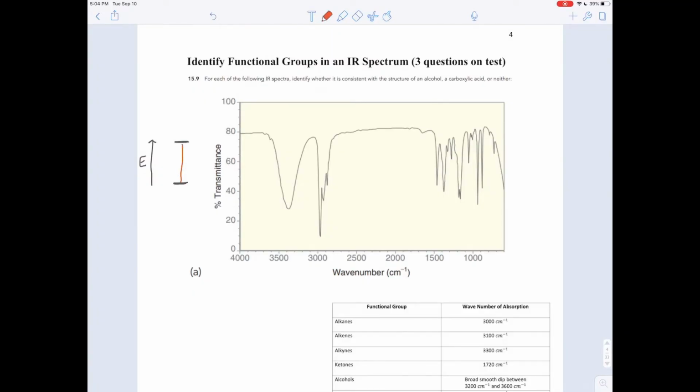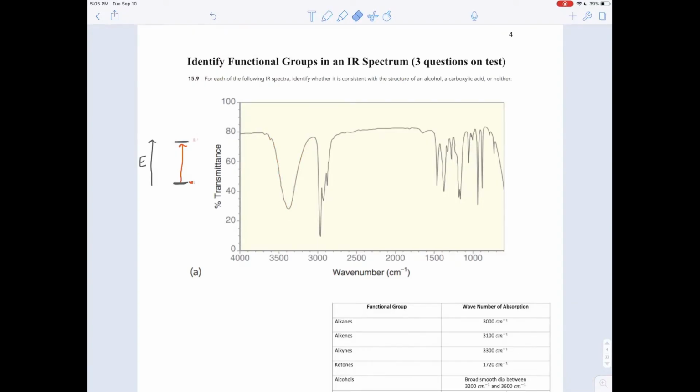When light hits the bond that has the exact amount of energy it takes to get from this first way of vibrating to the second way of vibrating, then the molecule absorbs the light to vibrate differently, and the light doesn't get through and it casts these shadows.